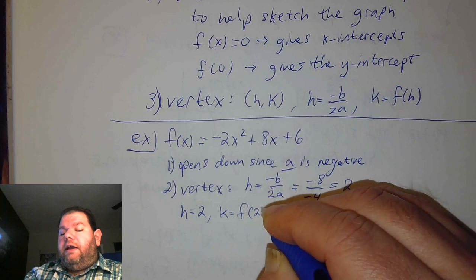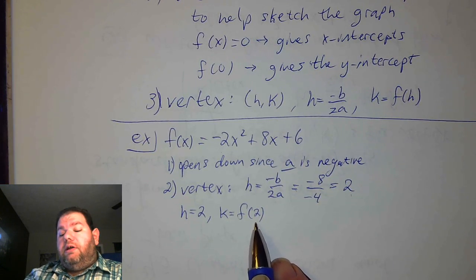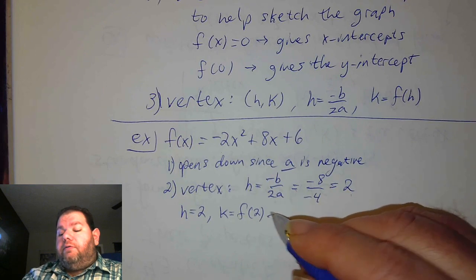So to find k, we would take h equals 2 and plug it back into the function. So now we want f of 2.